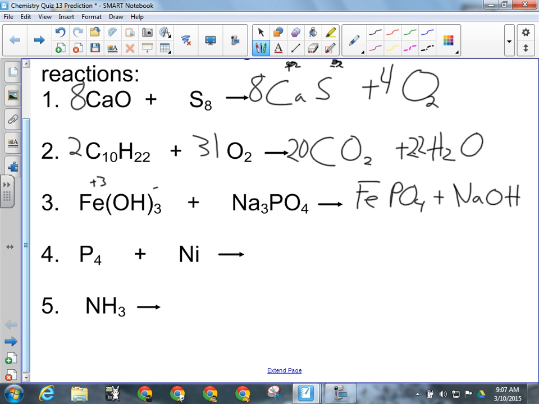Okay, because this, we said, is a +3, phosphate's a -3. This is a +1, that's a -1. Okay, so those ones are okay, dropped and swapped. So give them a mark for iron 3 phosphate, which is FePO4, okay, and 1 for sodium hydroxide, NaOH. Now we've got to balance.